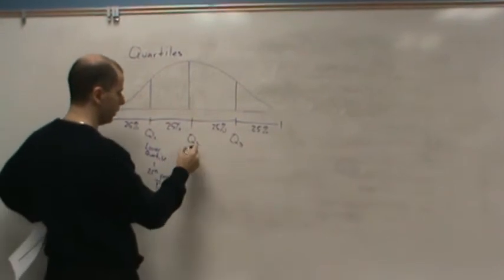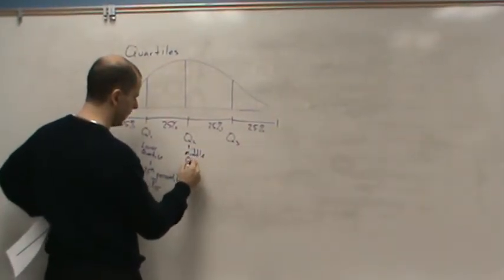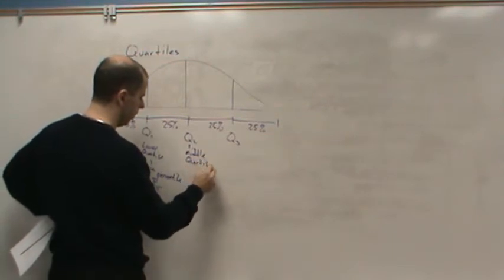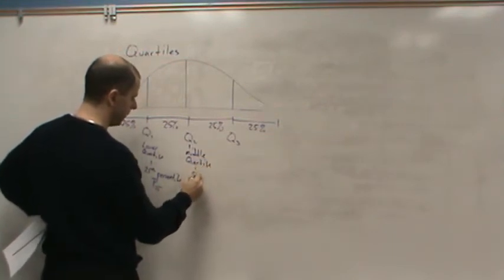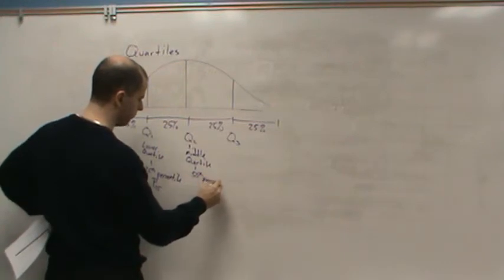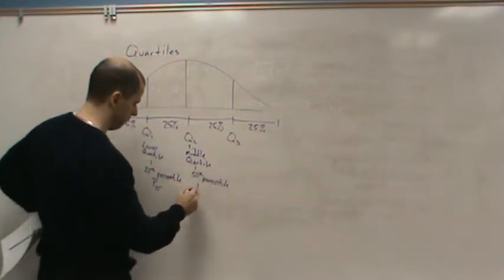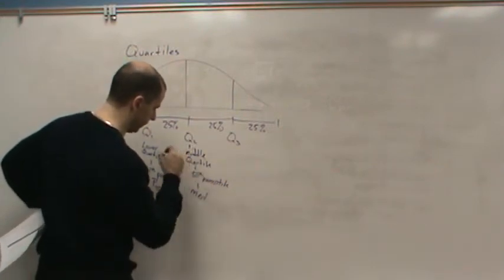Now Q2 is called the middle quartile, or the 50th percentile, P50, or the median. It's also the median.